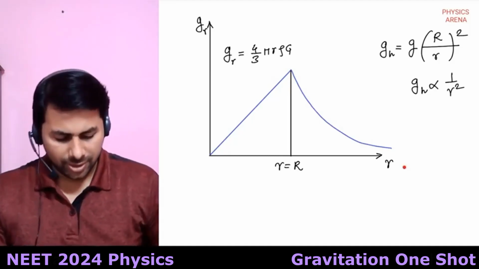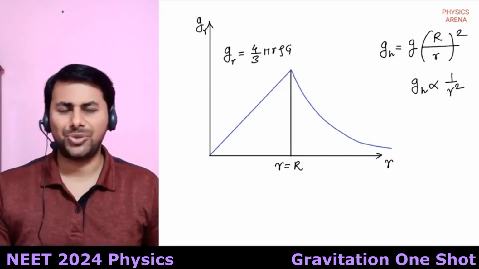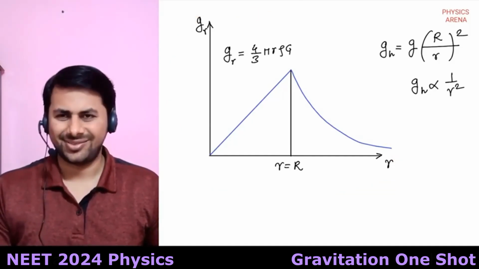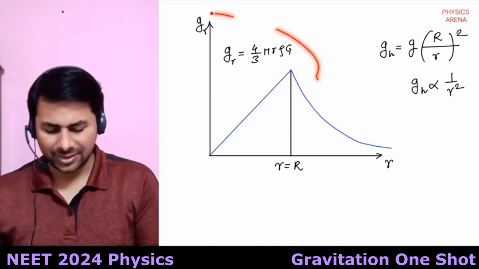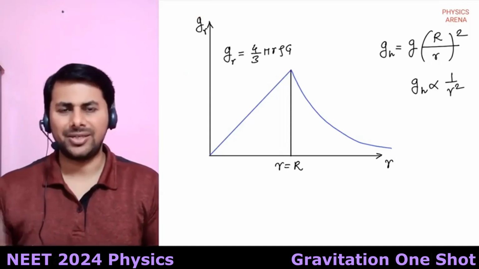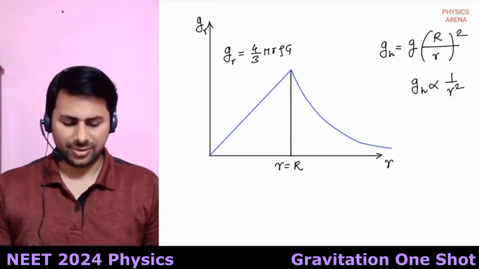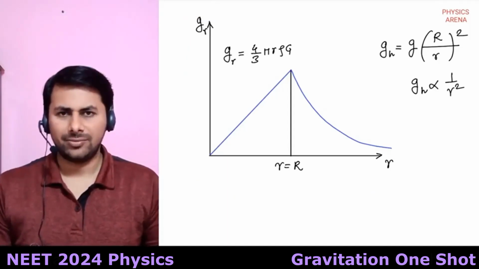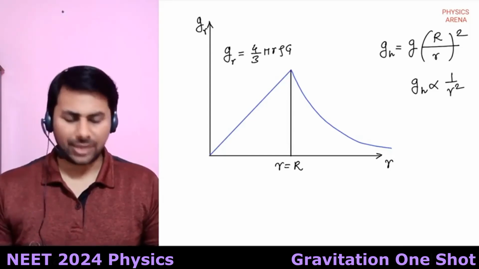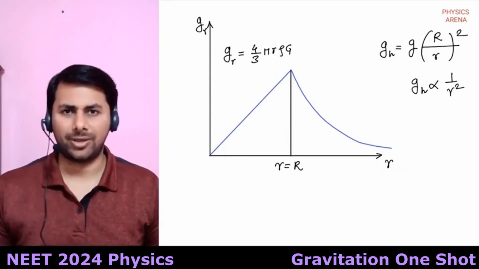This graph is very, very important. It has been asked at least 2-3 times. So is this graph clear? The variation of acceleration due to gravity versus the distance from the center of Earth.